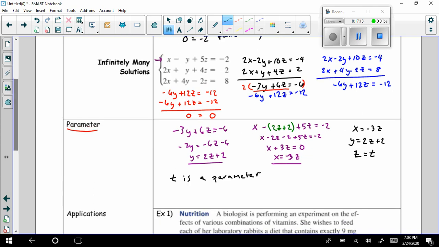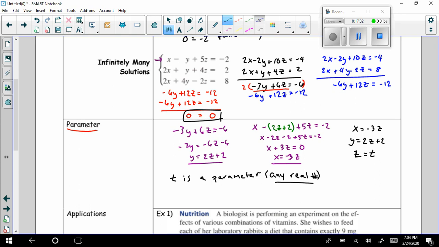And all that means is that t can be any real number. And that is justified with this statement right here. All right, so any real number is justified by the fact that we got 0 equals 0.